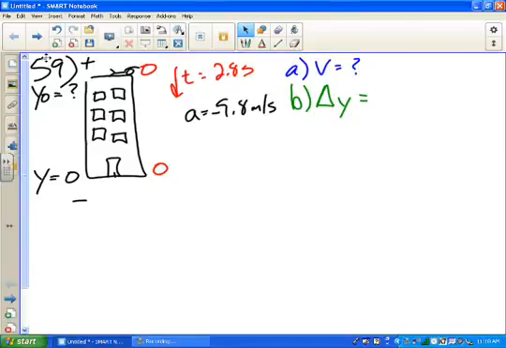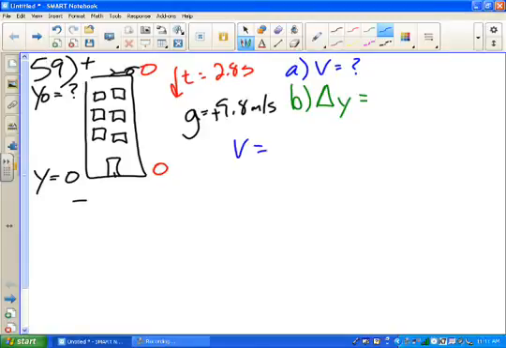Well, when you look in your textbook, it says that the acceleration due to gravity is g, and it says positive 9.8. What the authors have done is they've changed all of the equations. So any kinematic equation for free fall has a negative sign in front of the g term.